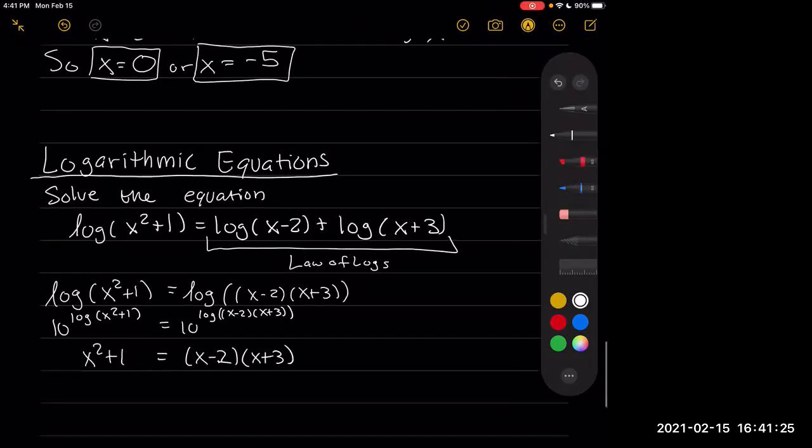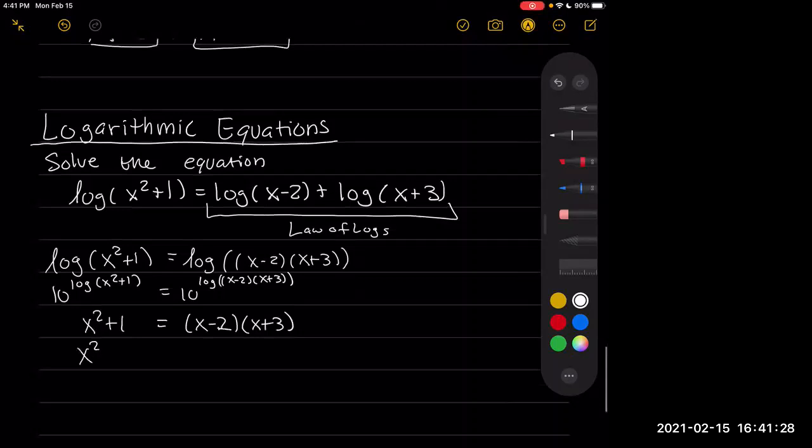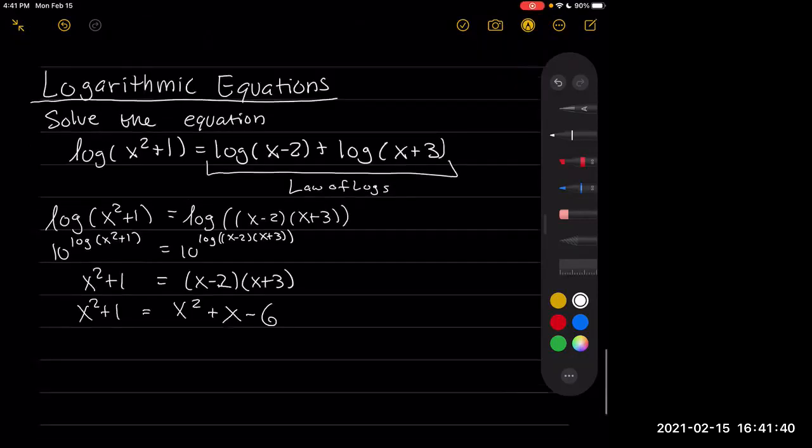And then when we FOIL this out, we end up with x squared plus 1 equaling x squared plus x minus 6. And now we can subtract x squared plus 1 from both sides, and we end up with 0 equals x minus 7. So x equals 7 is our answer.